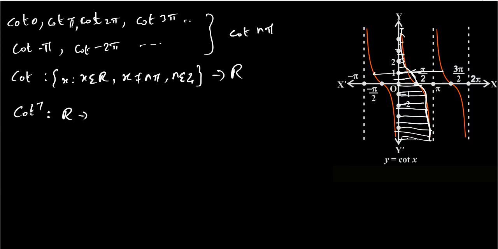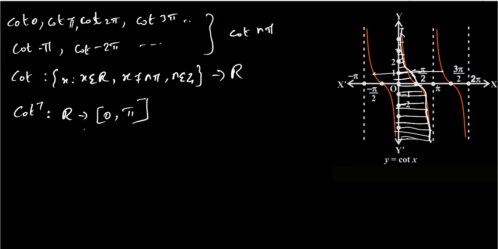So cot inverse exists because it is one to one and onto. So cot inverse from R to 0, pi: the range will be 0, pi. This point will be pi. So this is the cot inverse function.